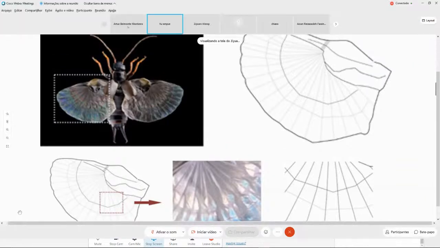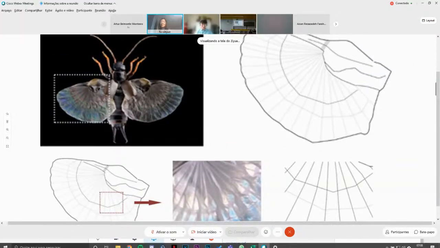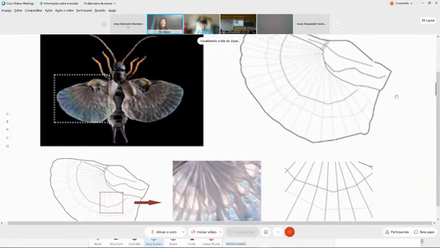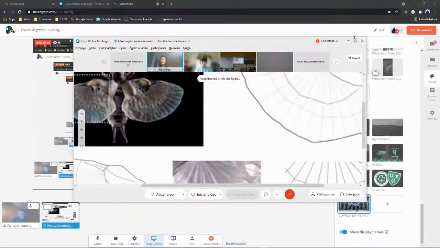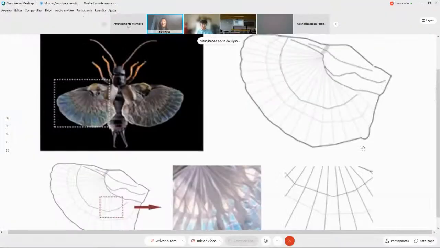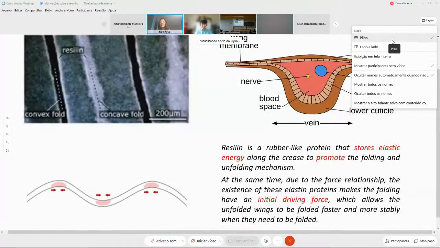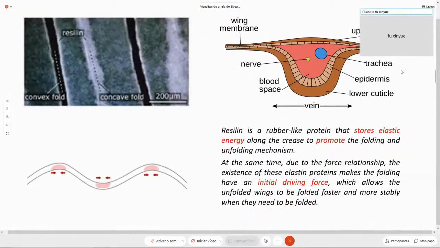At the same time, the existence of those elastin proteins makes the folding have an initial driving force, which allows the unfolded wings to be folded fast and more stably when they need to be folded. Resin is used on this part, which can store elastic energy along the crease to promote the folding and unfolding mechanism.